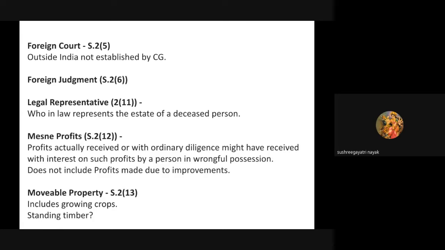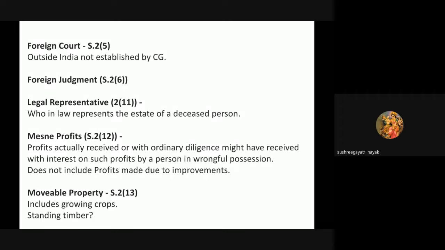But if he has made any improvements, even though he was in wrongful possession, for example, in the same example, if he took over the field and later dug a well there, and got some profit out of that well, those profits made due to improvements will not be considered as mesne profits.